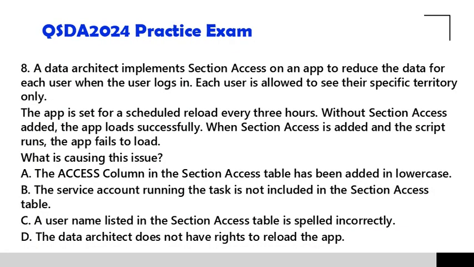What is causing this issue? A. The access column in the section access table has been added in lowercase. B. The service account running the task is not included in the section access table. C. A username listed in the section access table is spelled incorrectly. D. The data architect does not have rights to reload the app.